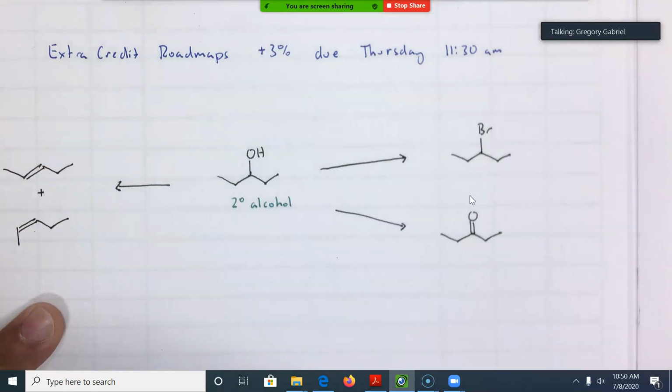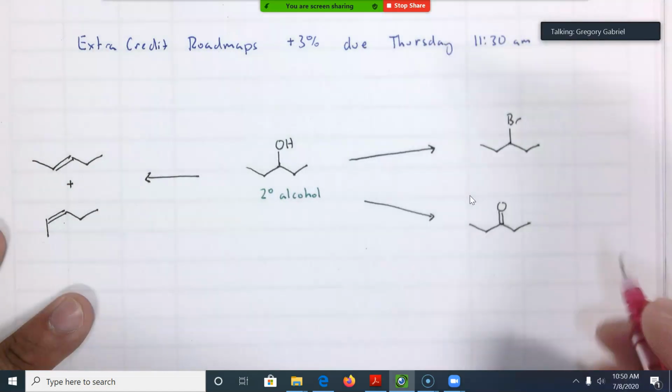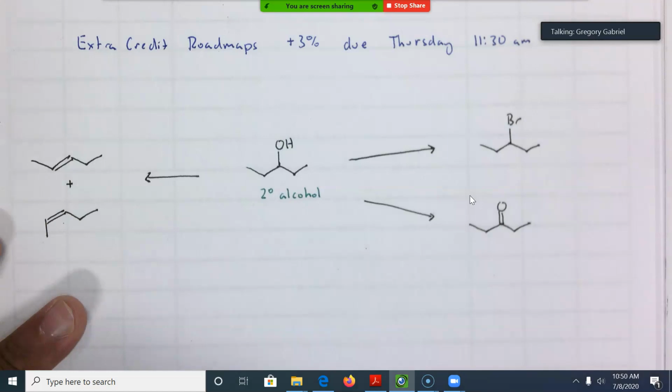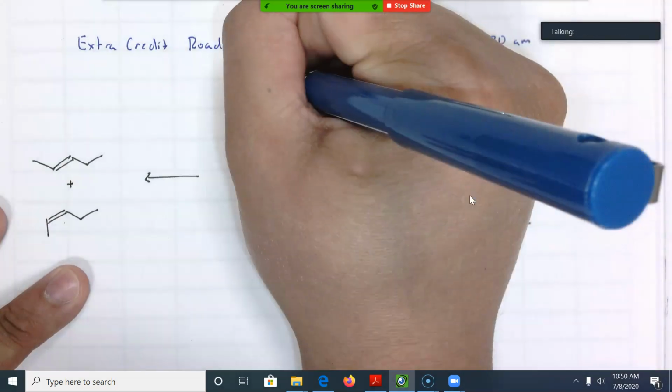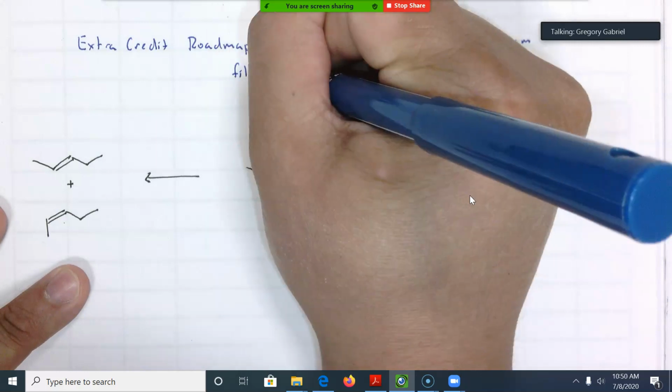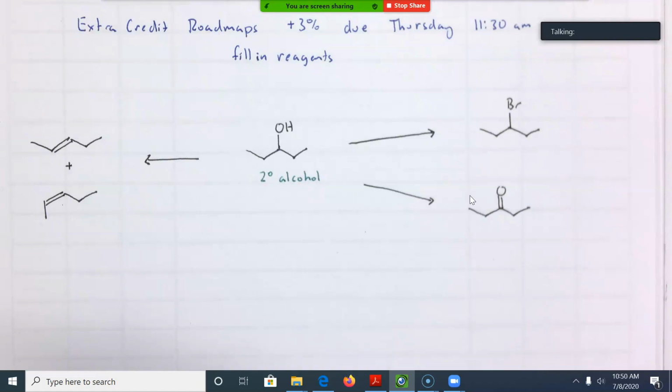Okay. Again, you're copying this, and then you're filling in the arrows. Let me put that there. Fill in reagents.